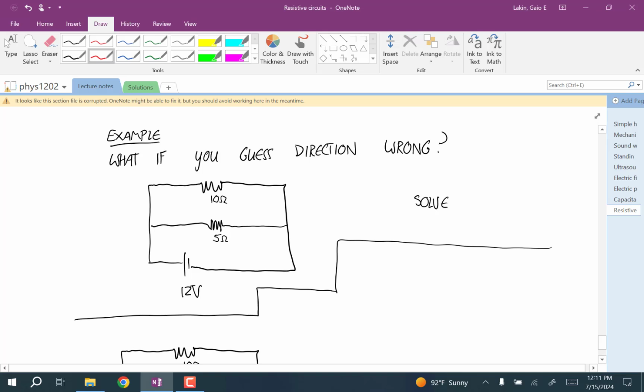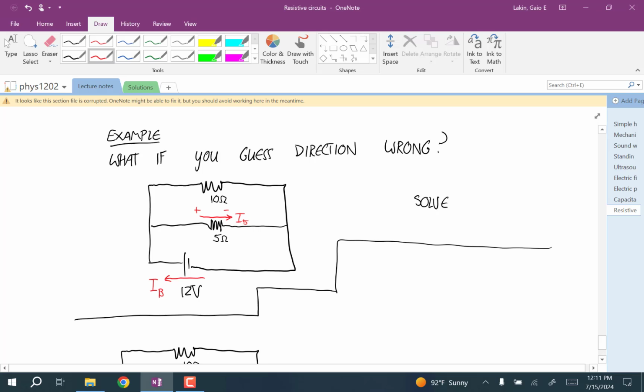So let's say that we assume that the current is going to go this way from the battery, and that's right. But let's say that somehow we think that the flow is going to go this way along the 5, with the corresponding polarity.